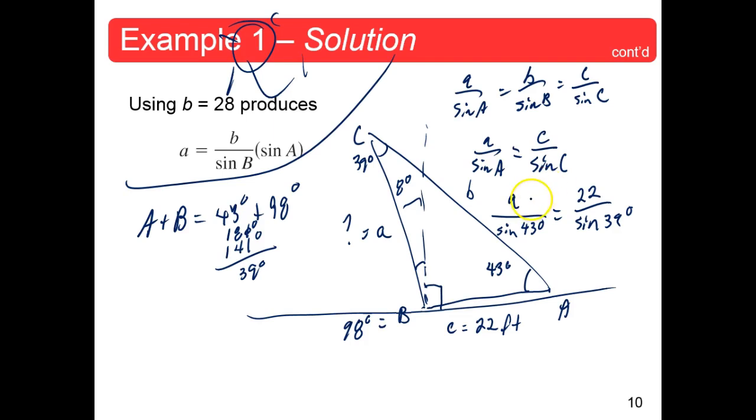Cross multiply, and what will that give us?